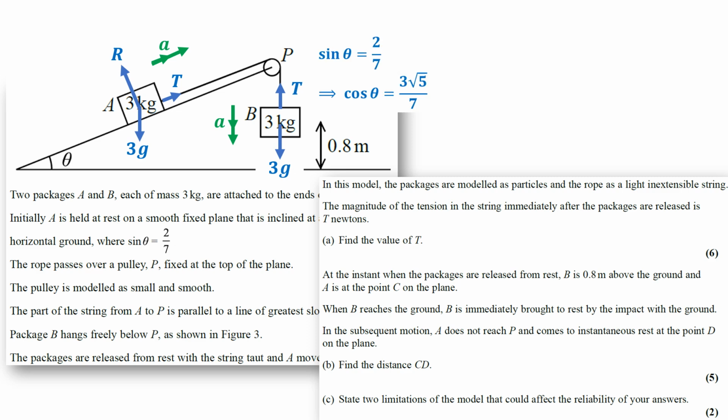One other thing that can be helpful, if they've given you information about the angle, here they've told me sine theta is 2/7, it's possible that I'm going to need cos theta as well. Not necessarily the case, but it's often a time saver if they give you sine theta or tan theta to work out sine and cos, so that when they appear within equations later on, you'll already have them as nice values.